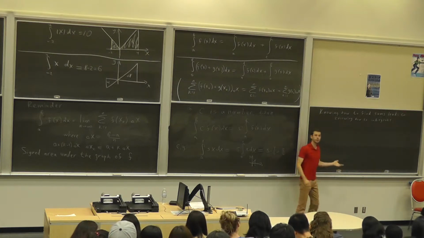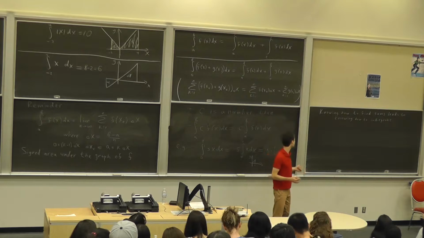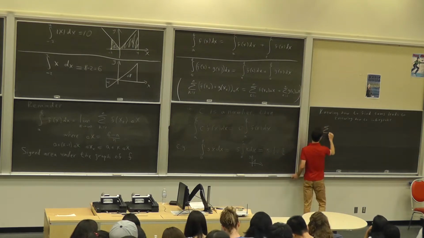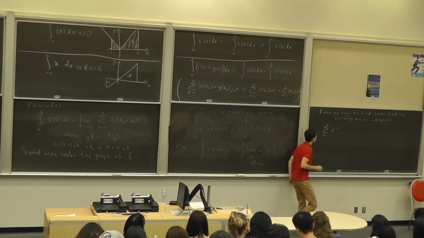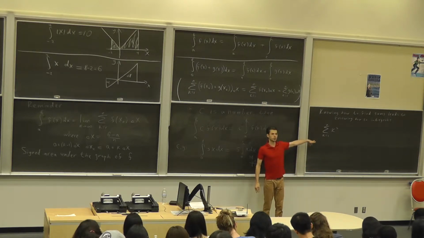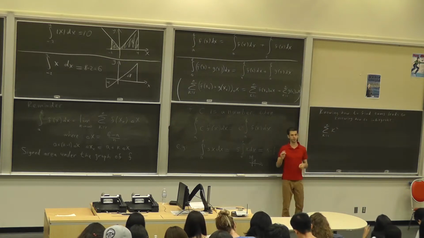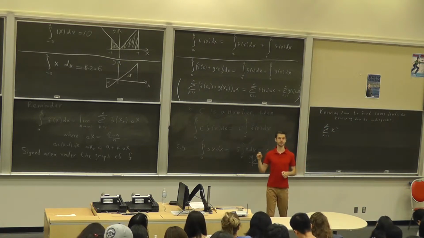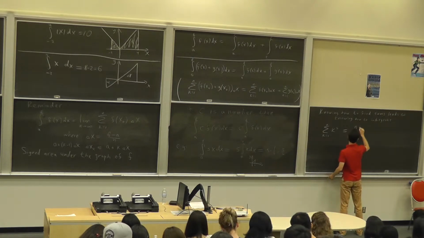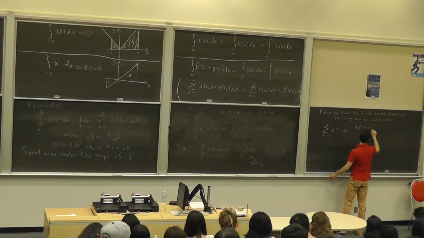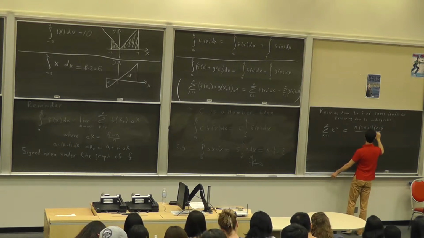So let me give you an example. I'll tell you something about a particular sum. If you want to evaluate the sum of the first n squares, 1 squared plus 2 squared plus 3 squared up to n squared, the answer turns out to be n times n plus 1 times 2n plus 1 over 6.